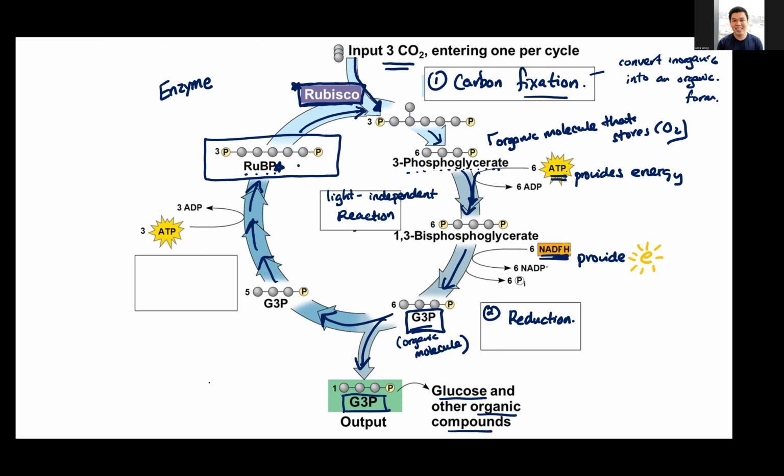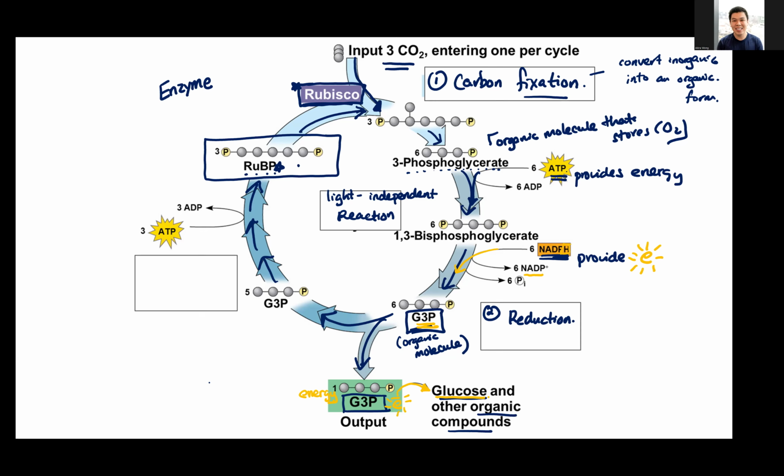That electron is in the H right there. So as NADPH gets converted into NADP plus, that electron enters G3P. So now, as you see, G3P has that excited electron. It also has the energy from ATP. So now G3P can be used to make glucose.